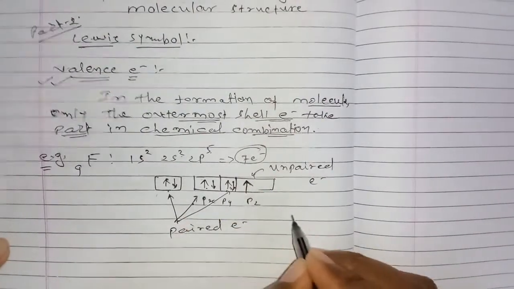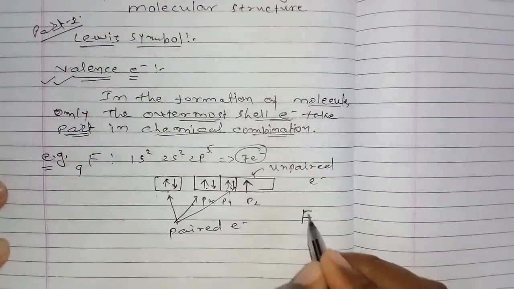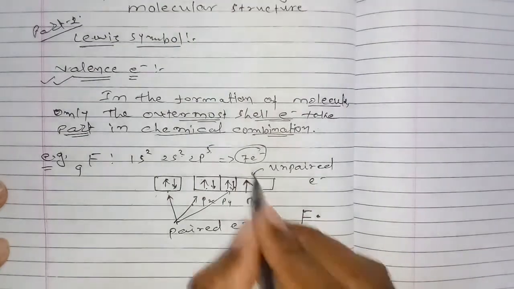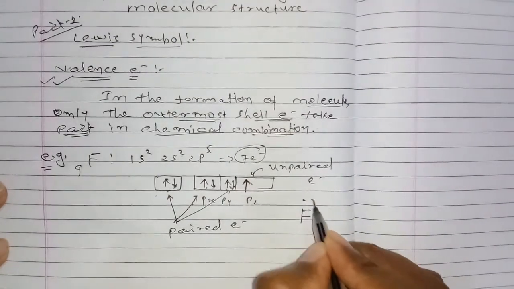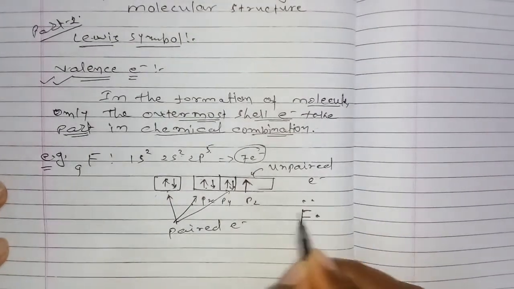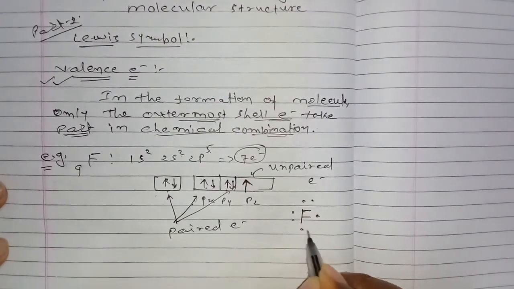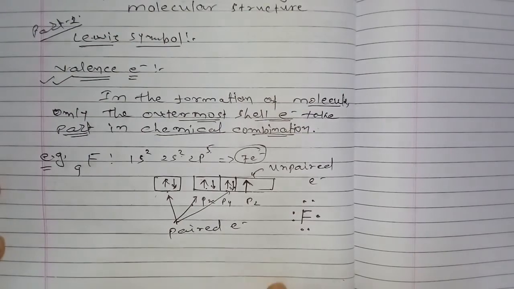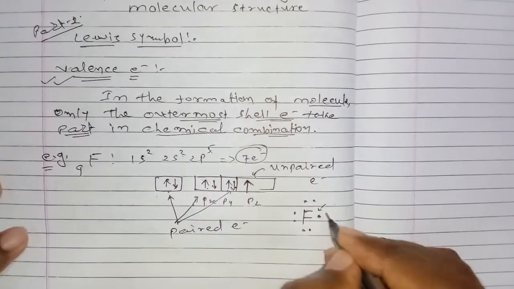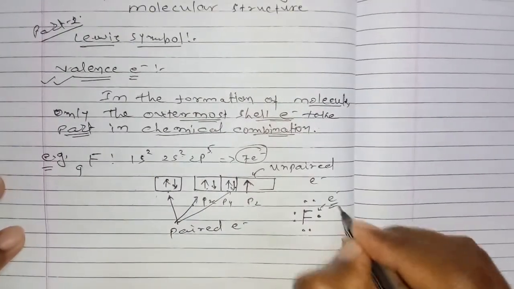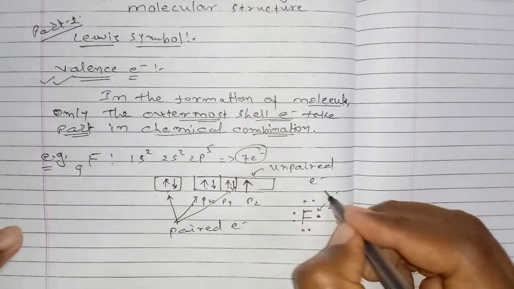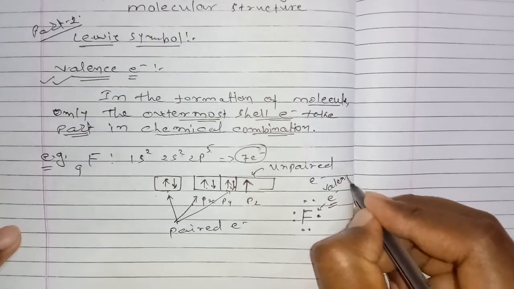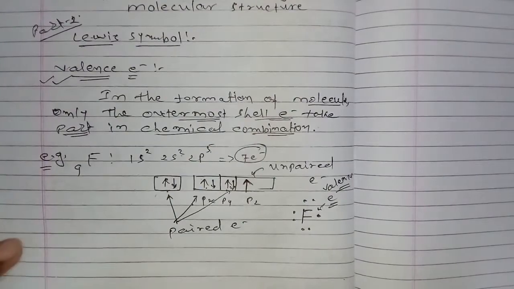Here the symbolic representation is a dot for the single electron, and dots for the 3 paired electrons, and these dots represent the number of valence electrons.